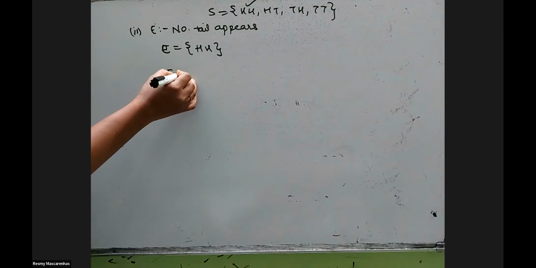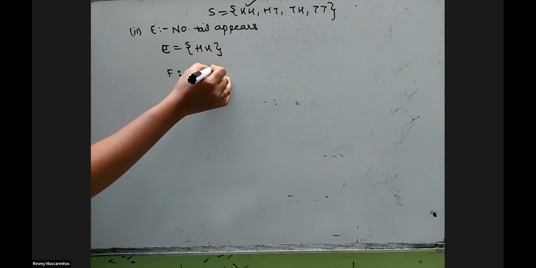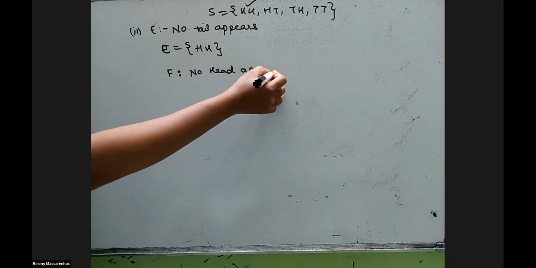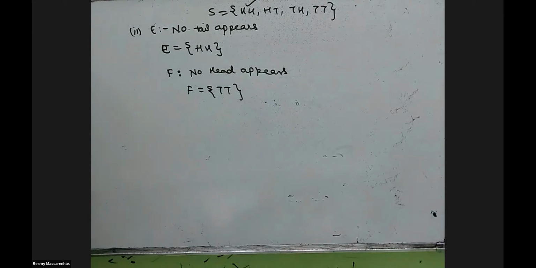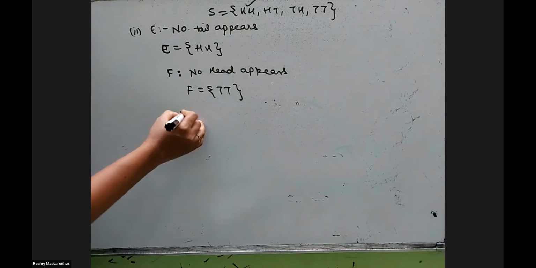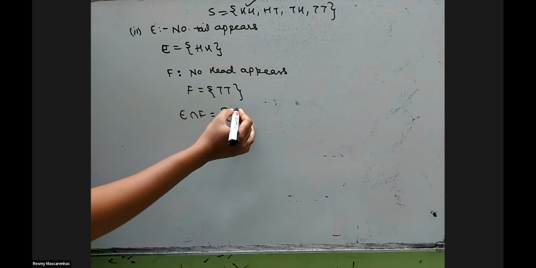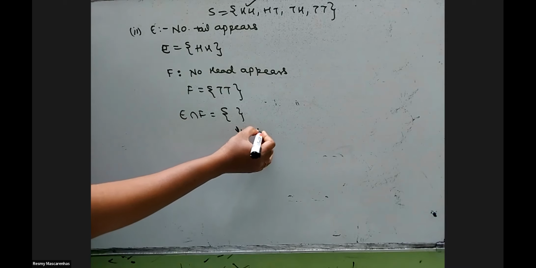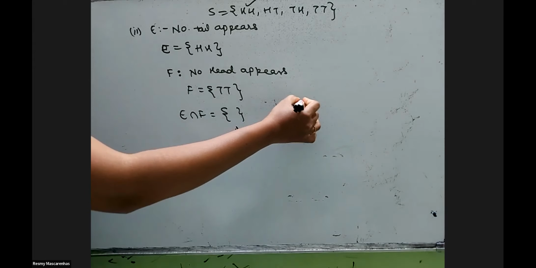F says no head appears, that is tail-tail. We have to find E intersection F. It is empty, there is nothing common, so the number of elements is 0.